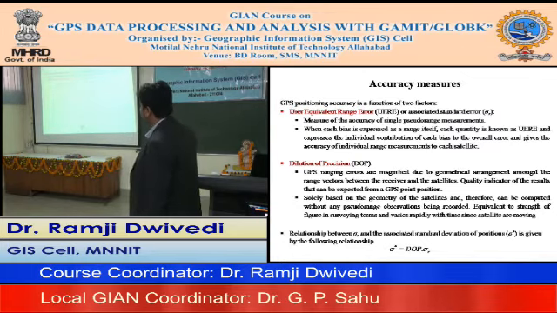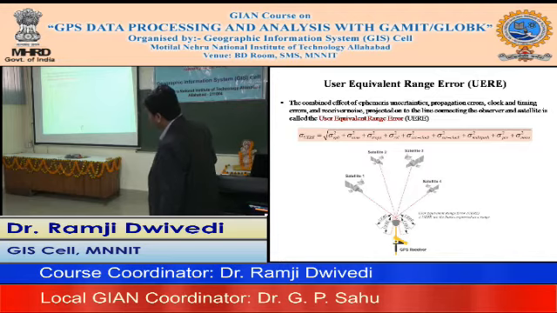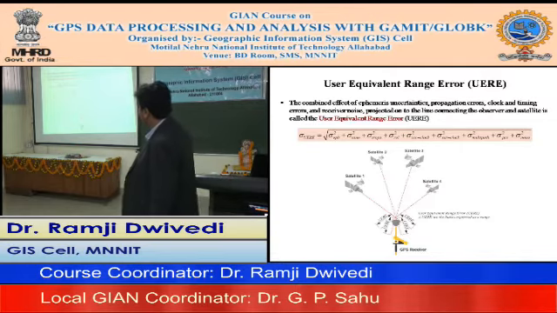The UERE components are ephemeris, ionospheric, tropospheric, relativistic, receiver clock offset, satellite clock offset, and multipath noise. If the range estimation is very poor, you would be prone to this UERE component at every time.